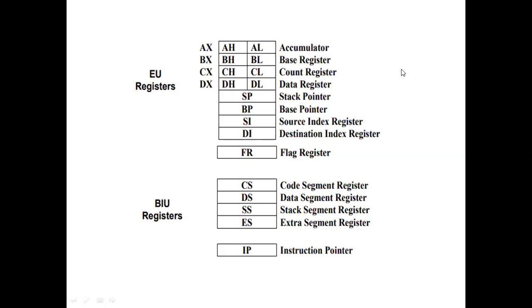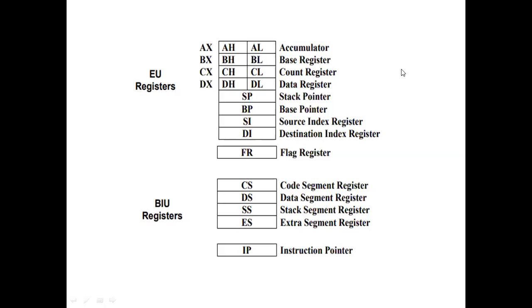First, I go into the AX register pair, that is, in the AX register pair, AH and AL are the general purpose registers. It is also known as the accumulator register pair. It is used to store operands for arithmetic operations.